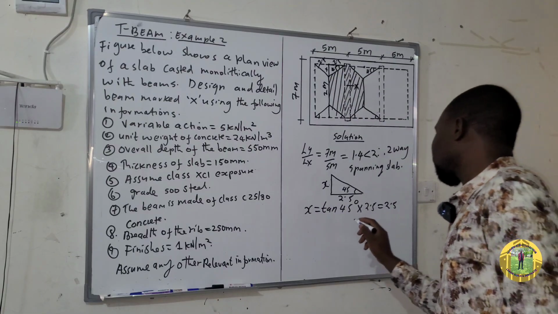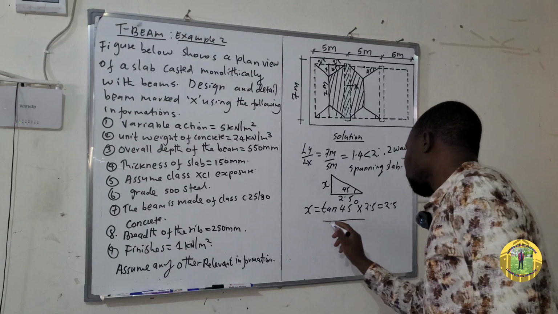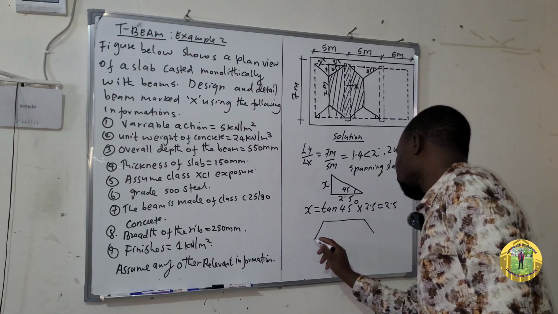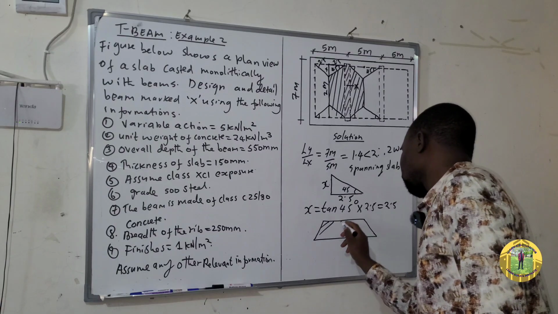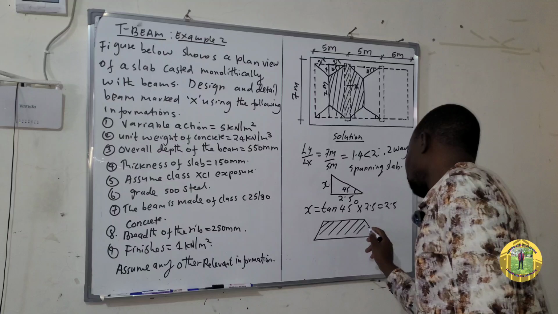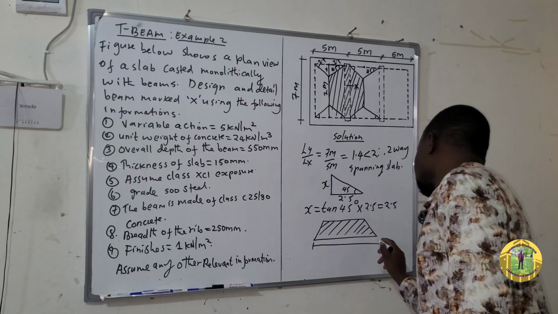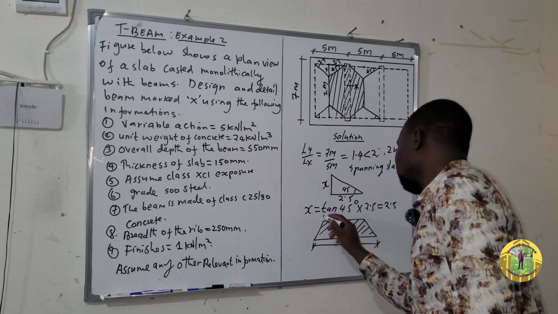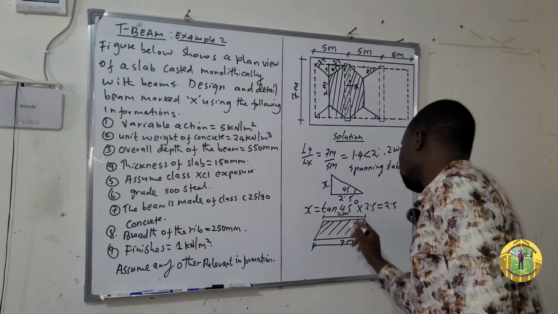So from this diagram, from here is 7 meters. And then here is 2 meters.